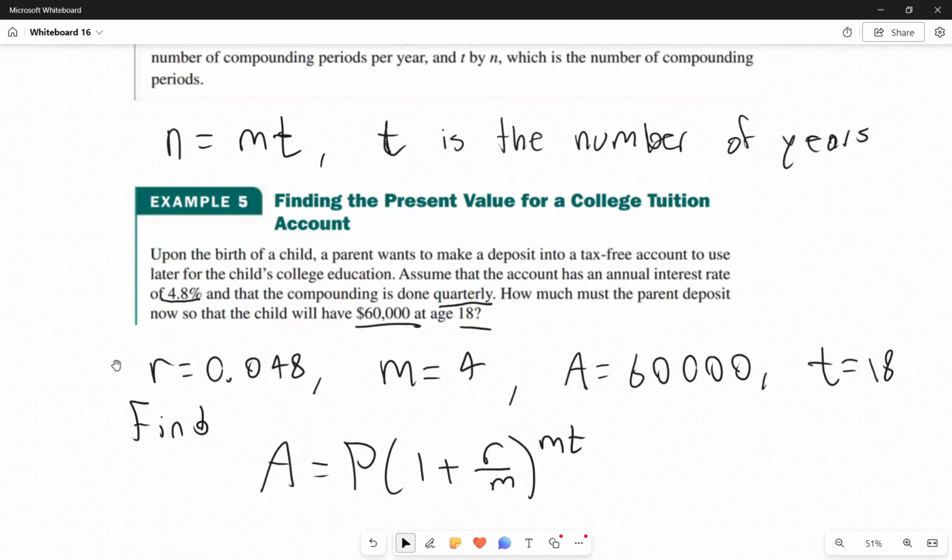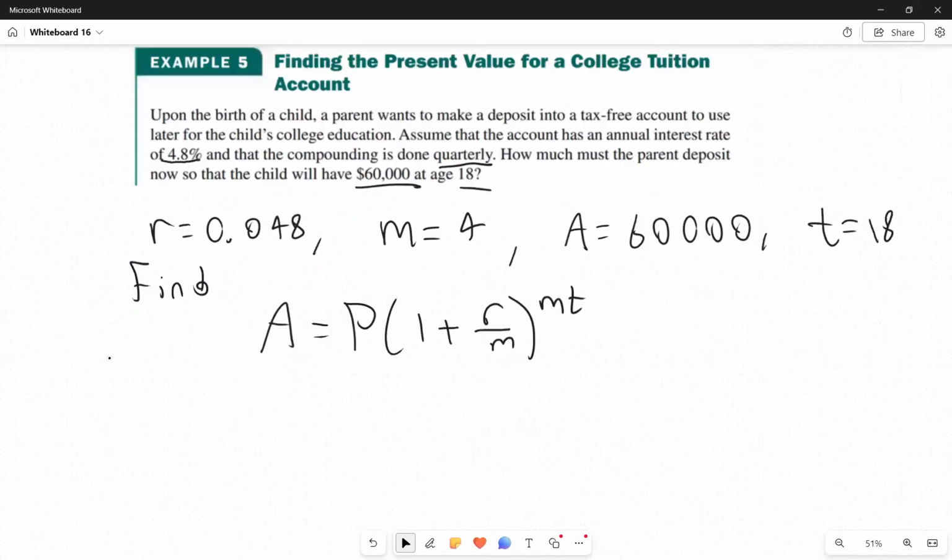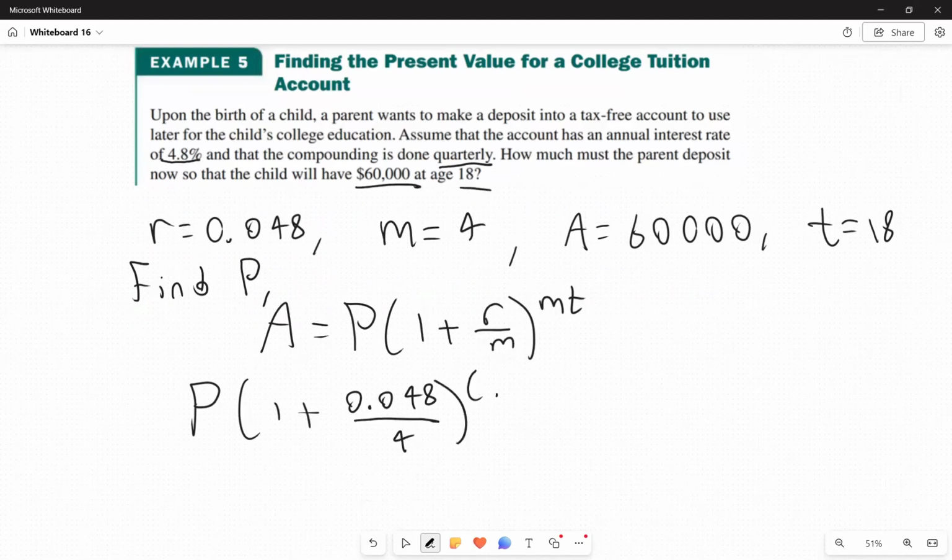And we're going to plug in all these numbers. So we want to find the principal, so we want to find P. So the principal times 1 plus 4.8% divided by 4, to the power of 4 times 18. That must equal 60,000.